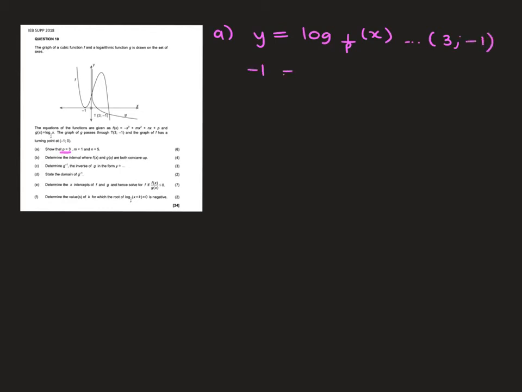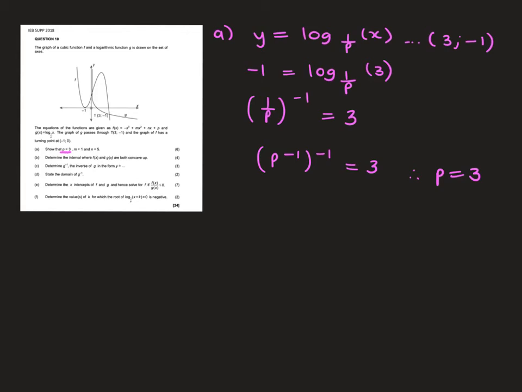So -1 is equal to log base 1 over p of 3. Now I want to rewrite this in exponential form. The 1 over p will be your base, -1 will be the exponent, and we'll then have that 3 on the right-hand side. Rewriting 1 over p, that becomes p to the power of -1 to the power of -1 equals 3. So therefore, we just get that p is equal to 3.